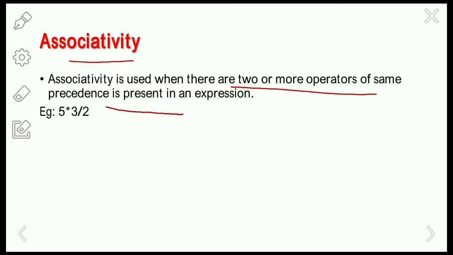In this example, multiplication and division both have the same priority. If you observe the given table, multiplication and division have the same priority, so we go for associativity. The associativity for multiplication and division is left to right.